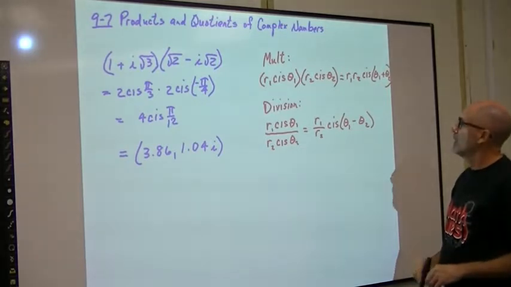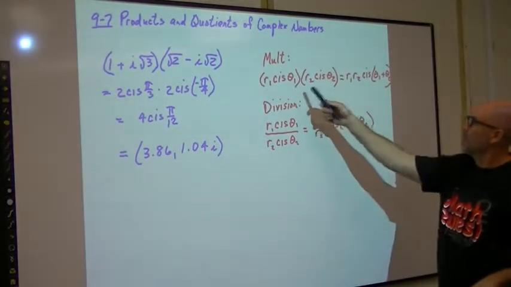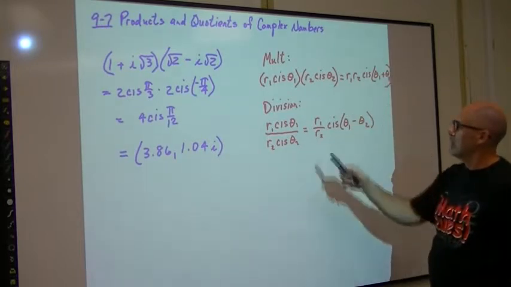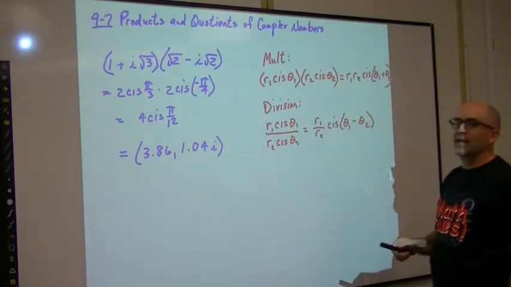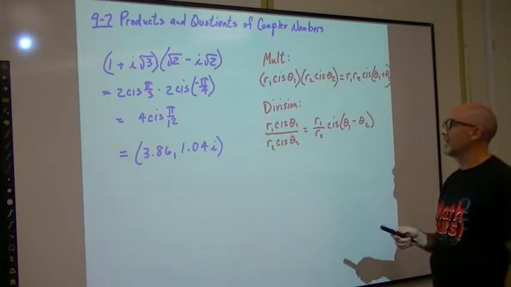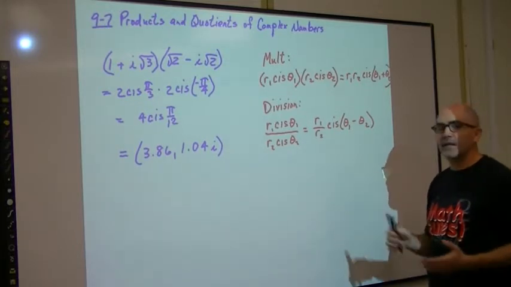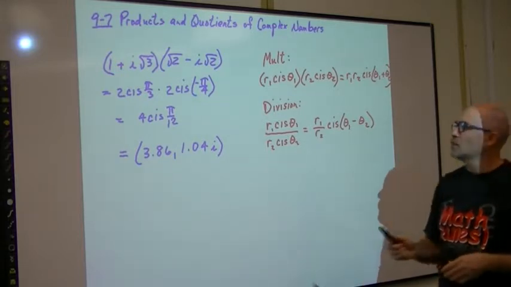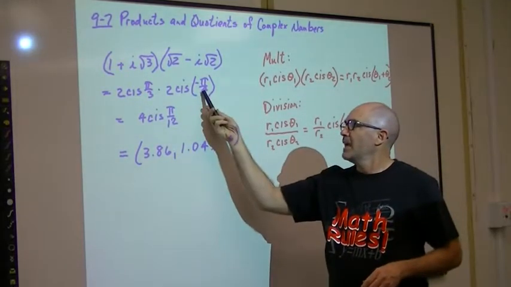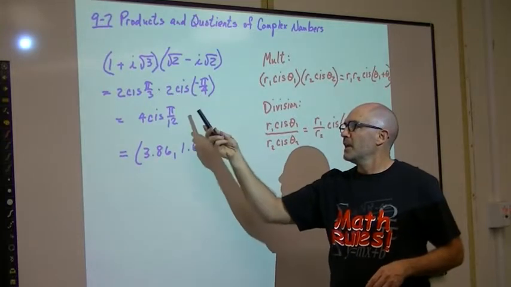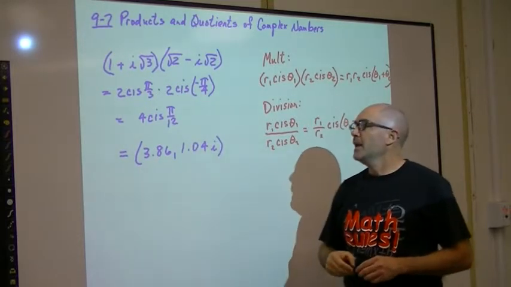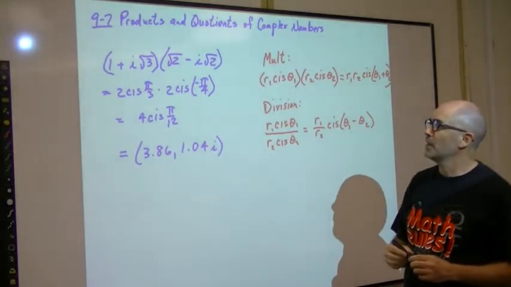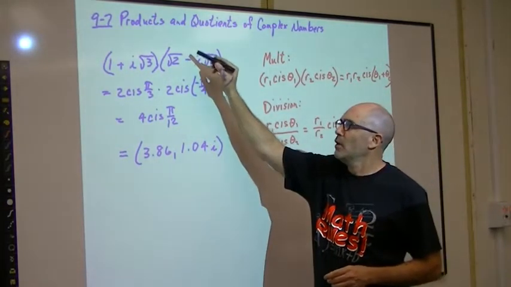Okay, so basically for the multiplication, we're multiplying the radii, adding the angles. For the division, we're dividing the radii and subtracting the angles. That's it. So notice how much easier it is to multiply two numbers in polar form. Now, what about addition and subtraction? Well, they're much easier to accomplish in rectangular form.